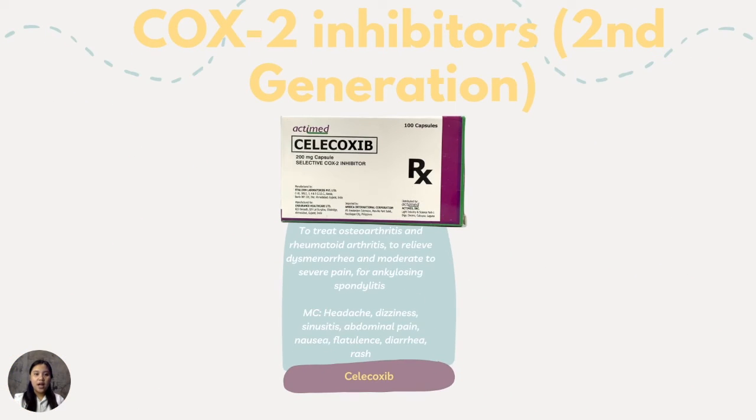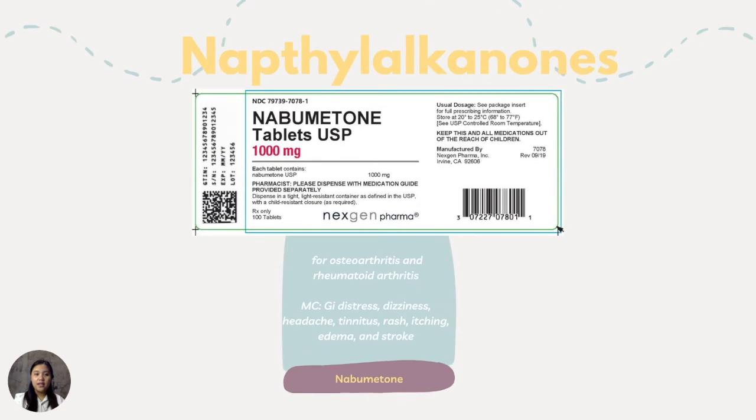So this is celecoxib, the only drug under the COX-2 inhibitors. This is to treat osteoarthritis and rheumatoid arthritis, to relieve dysmenorrhea, and for moderate to severe pain in ankylosing spondylitis. Then another drug that inhibits more on COX-2 is nabumetone.